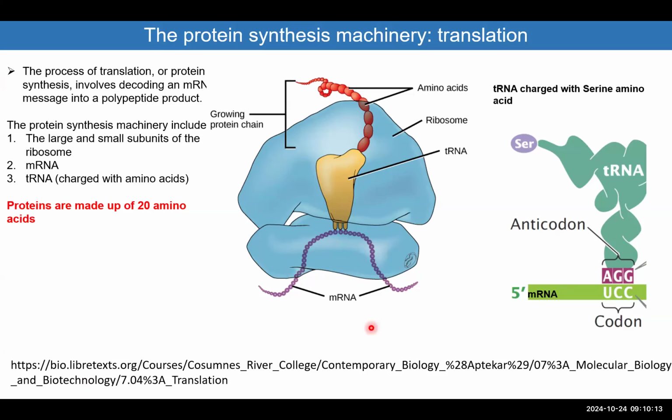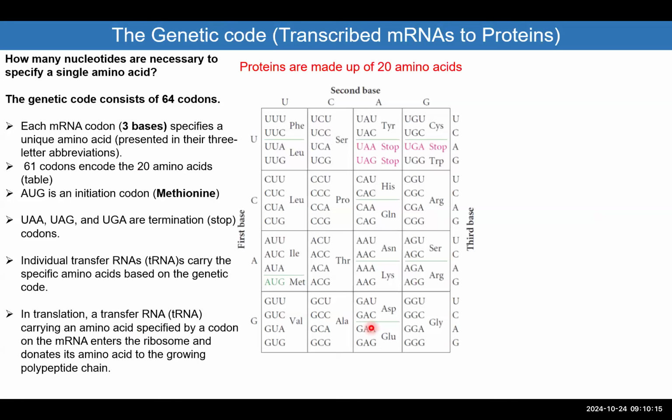Okay, so going forward to discuss the question I asked you, there is information on the messenger RNA, but the sequence of the messenger RNA is based on uracil, cytosine, adenine, and guanine.